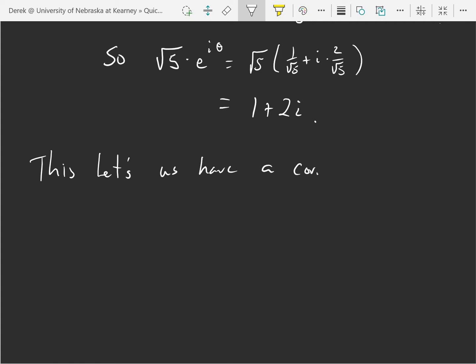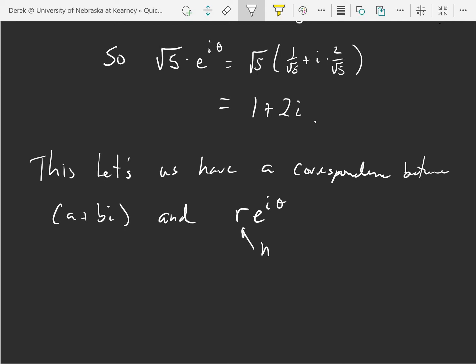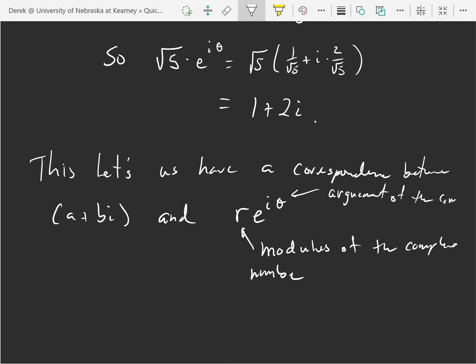And so a plus bi and r e to the i theta, where r is how far from 0. This is the modulus of the complex number, and this theta is called the argument of the complex number.